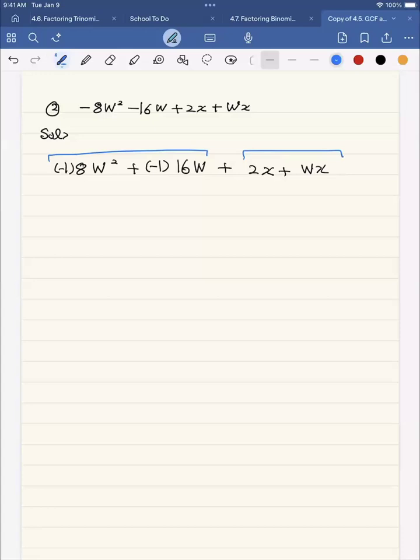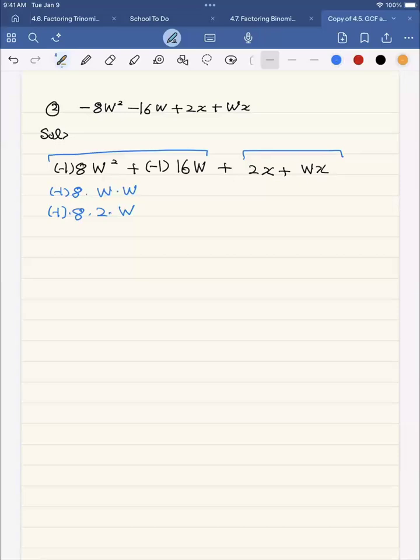In the first two terms, the first one can be written as negative 1 times 8 times w times w. And the second term can be written as negative 1 times 8 times 2 times w.